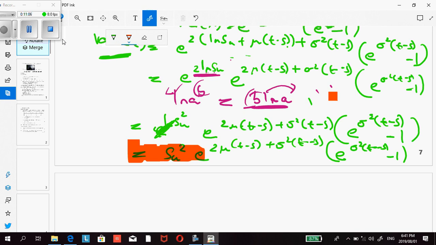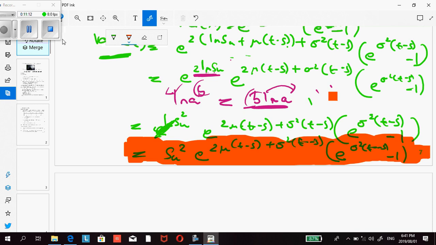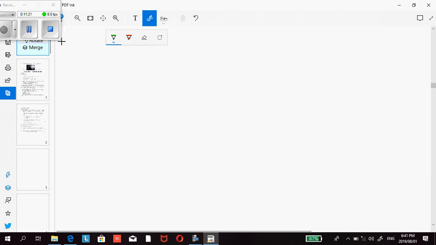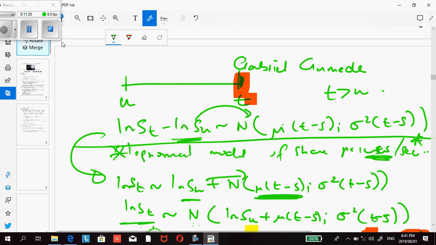And this is the expression you will usually see in your exam report. This is where they usually start writing. Now this is the variance of S sub t. So it is the variance of the share price at this particular point here.